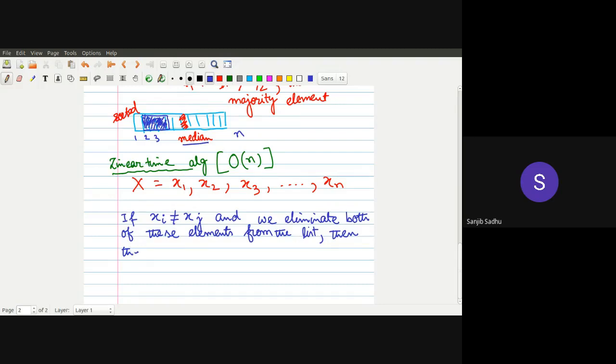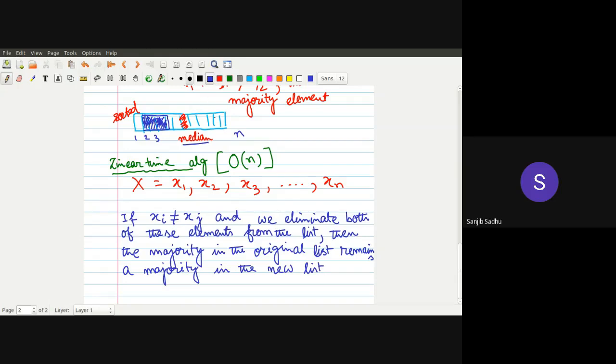Say if they are not equal, then I will eliminate these two elements from the list, and then the majority in the original list remains a majority in the new list.